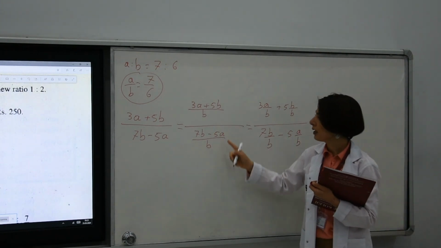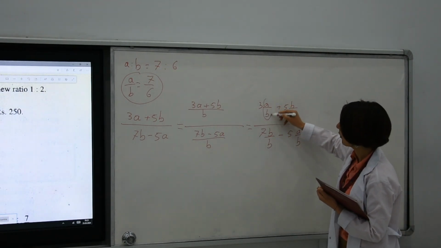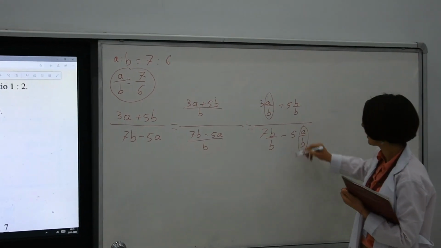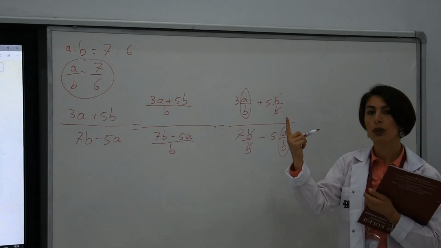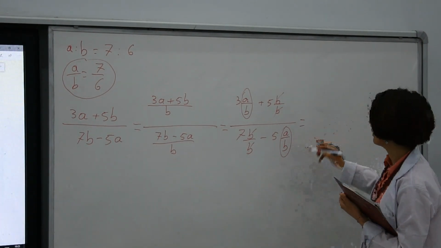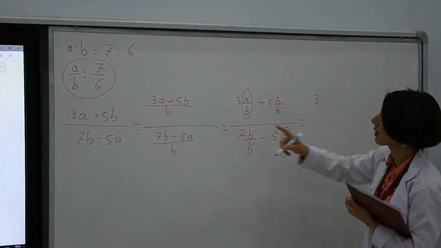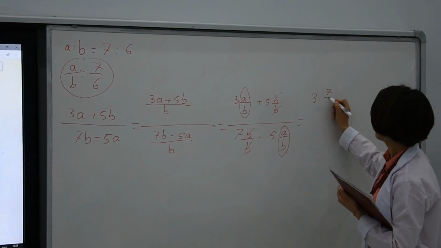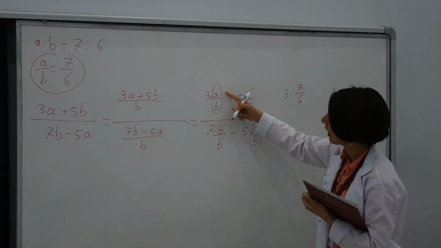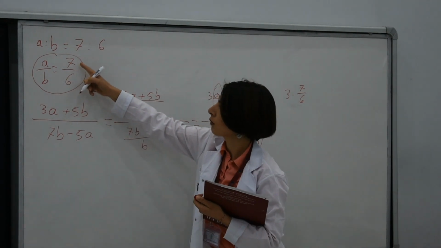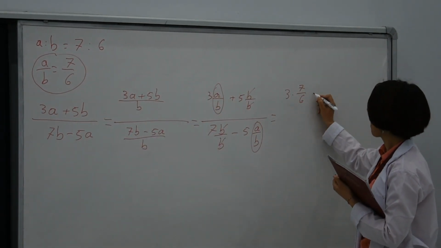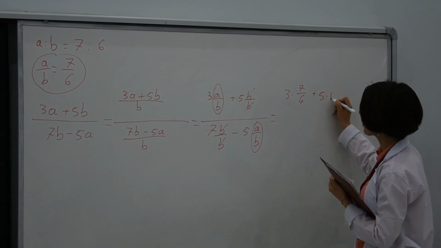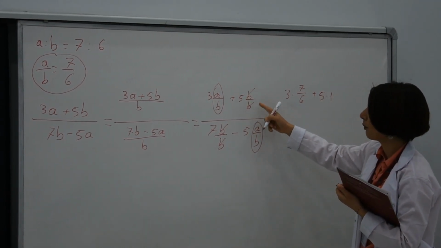I divided by b to create the fraction a over b here. And as you can see, b over b gives me only 1. So if I continue, I'll have 3 times 7 over 6, because I know that a over b equals 7 over 6. So in this case, 3 times 7 over 6 plus 5 times 1 here, because b over b equals 1.